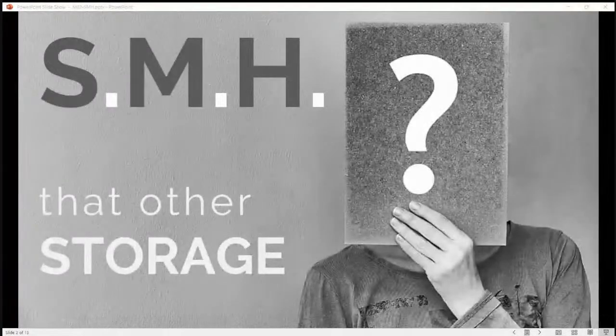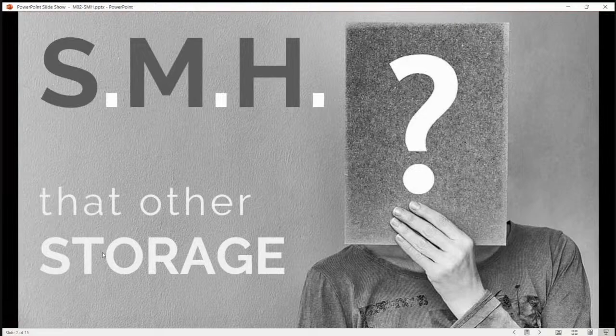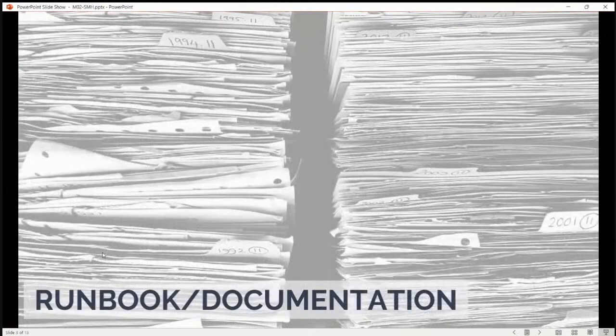What I mean by that other storage are things that contain data and information that we need when implementing and maintaining, supporting, operating, monitoring, administering, troubleshooting your high availability and disaster recovery solutions. So what is that other storage? There are a few. In fact, the first one is that runbook and documentation.